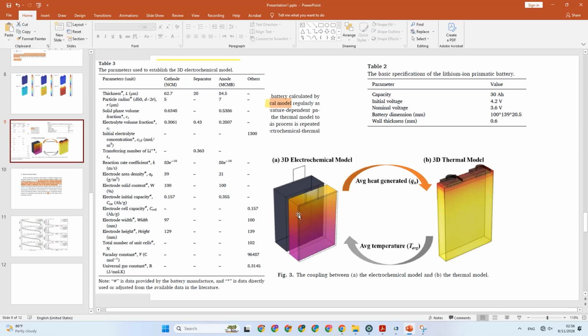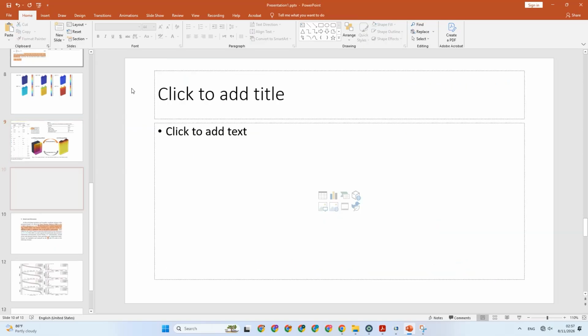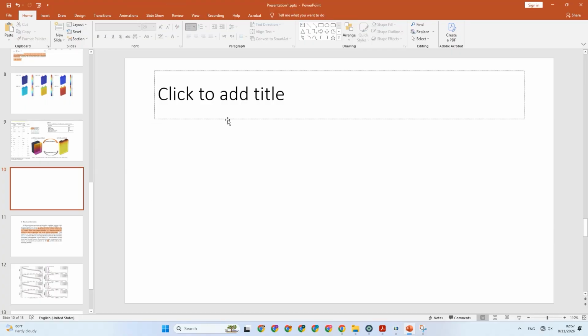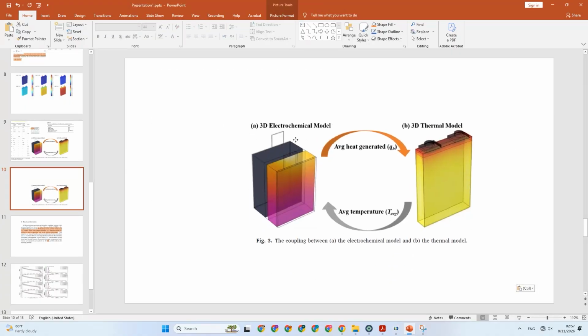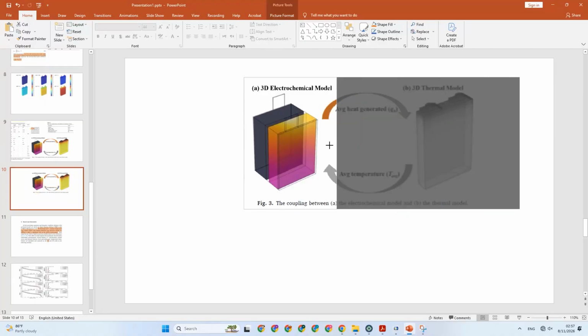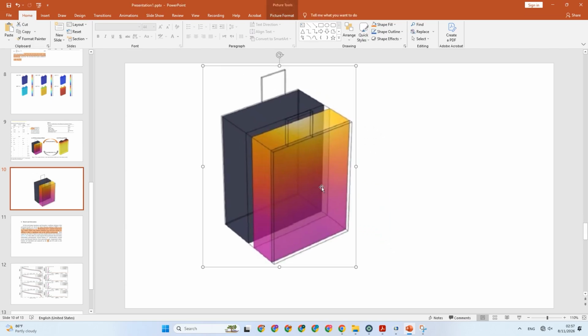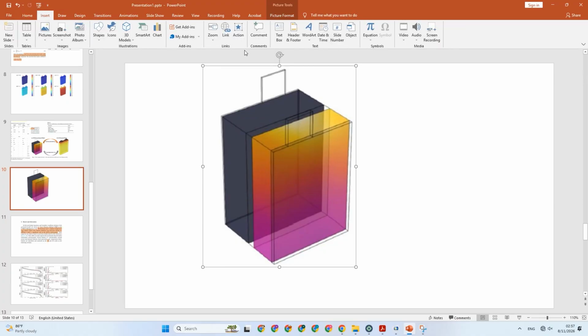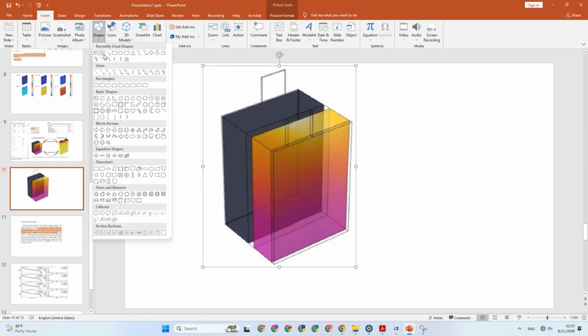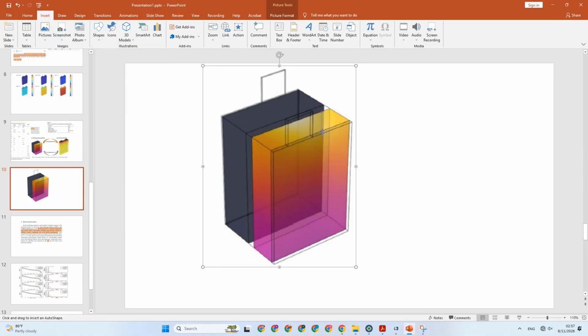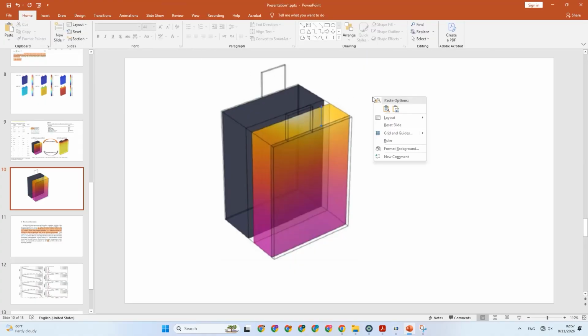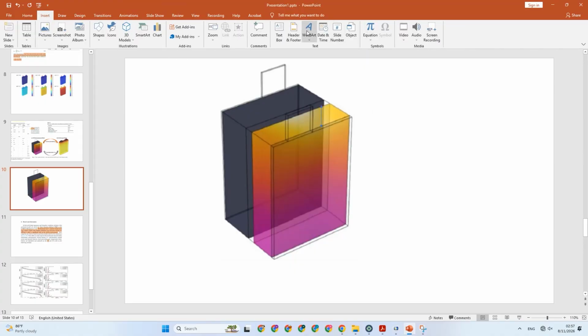Okay, let me analyze it. Ctrl C. Okay, I just crop it. I add text box.